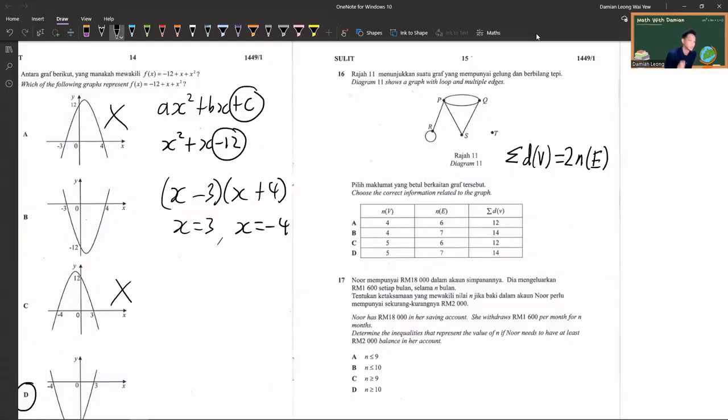Okay, sum of degrees will always be 2 times of the number of edges. So all these are 2 times, so it's all correct. So we just need to see number of vertices and number of edges. So number of vertices, I have 1, 2, 3, 4, 5. Okay, 5 bucu. And number of sides, 1, 2, 3, 4, 5, 6. 6 sides. Okay, nombor tepi dia 6. So answer would be C.